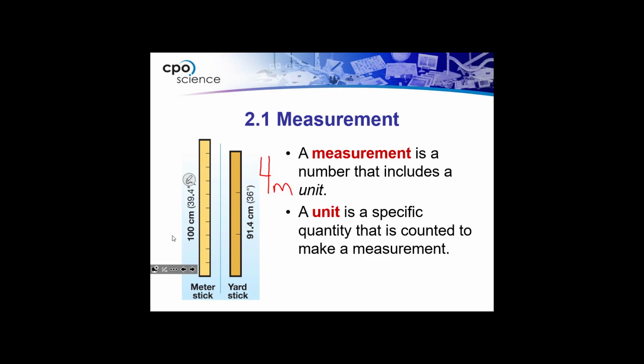If I just had 4, I could be talking about 4 apples, 4 oranges, 4 meters, 4 milliliters if we're talking about volume. So you have to have a unit which helps specify the quantity that is being counted.